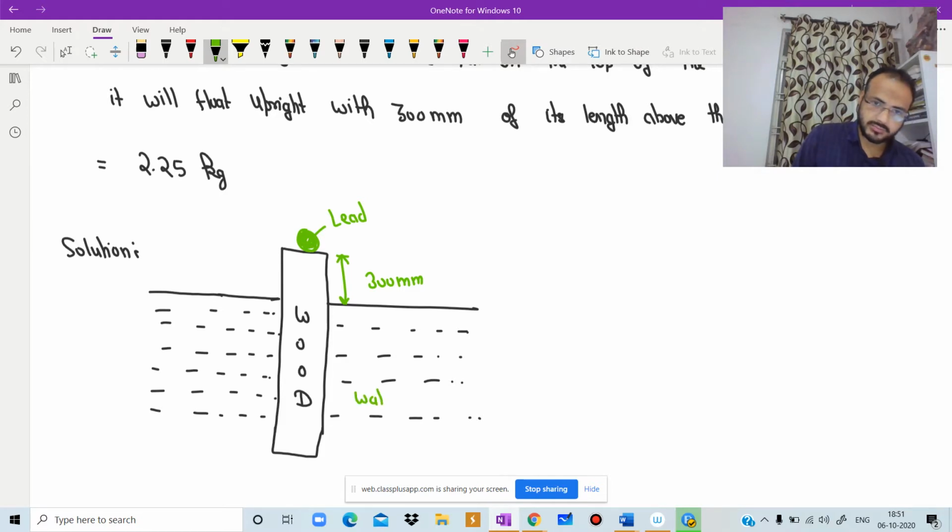Here we have water, and this dimension is 75 millimeter. So first we will calculate the mass of wood.